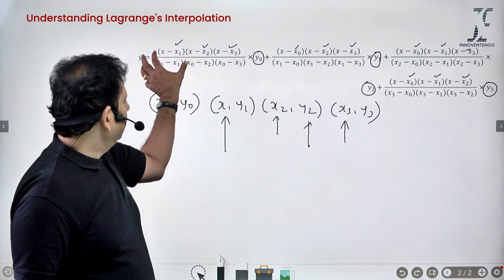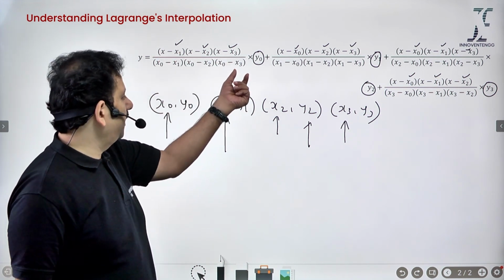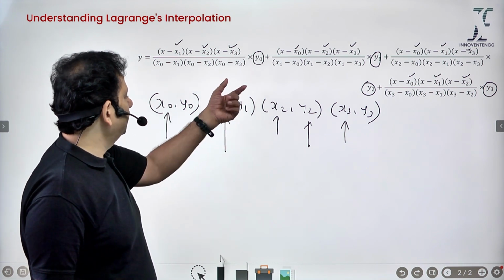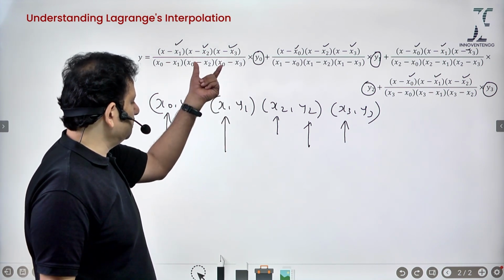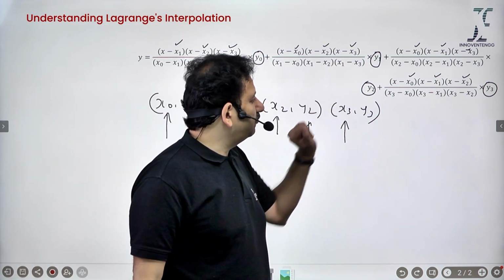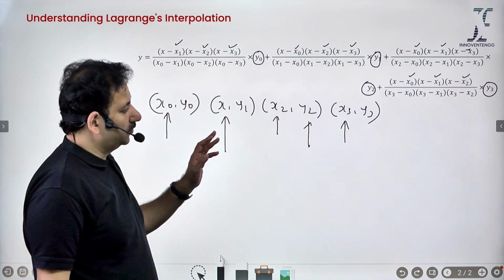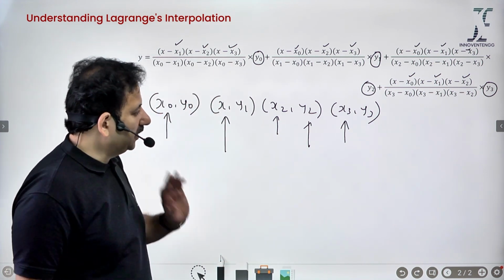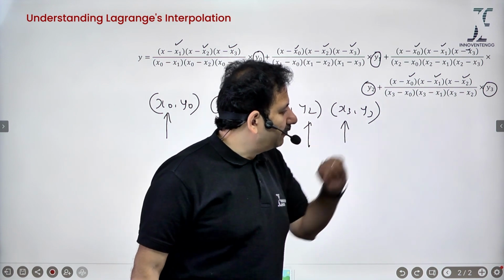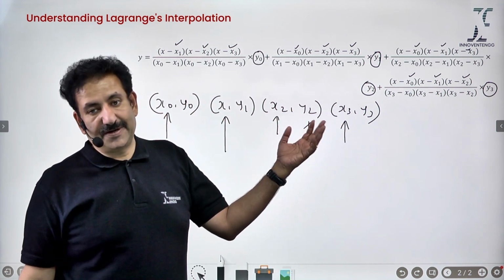And each ratio that you get, defined in terms of x, is multiplied by the corresponding y coordinate. That is, the first term belongs to x naught, multiply that by y naught. The second term x1, multiply that by y1. The third term belongs to x2, multiply that by y2. The fourth term belongs to x3, multiply that by y3.